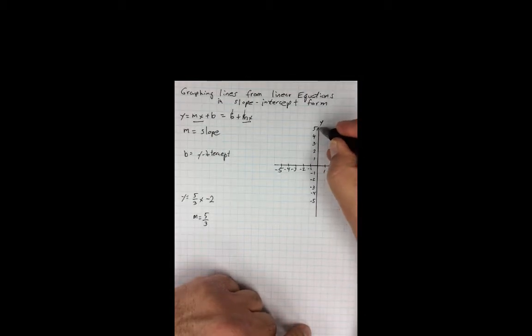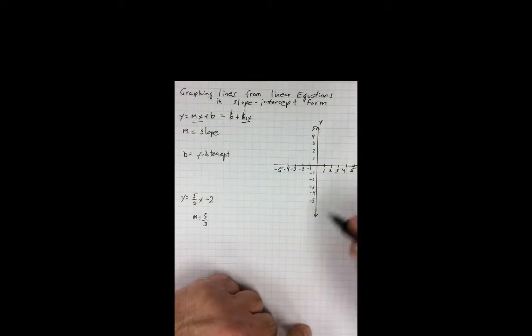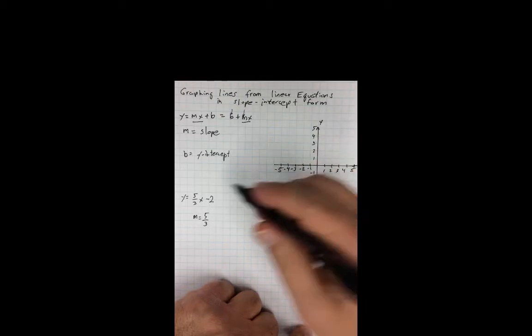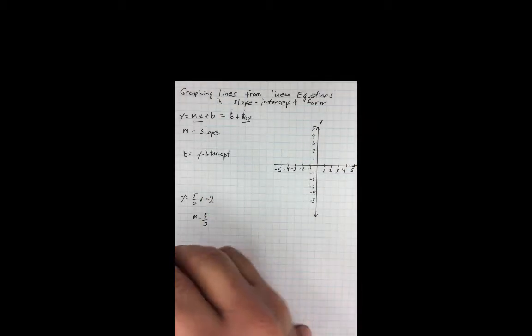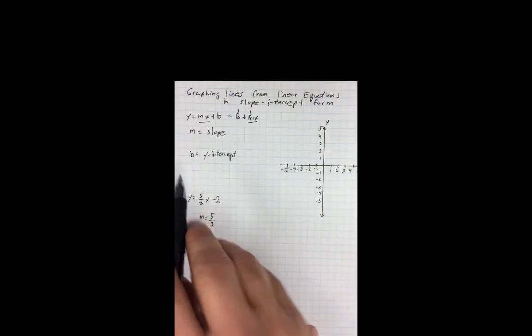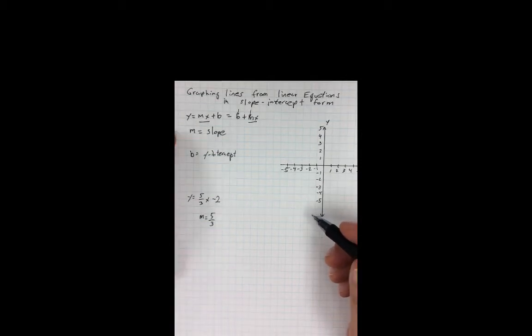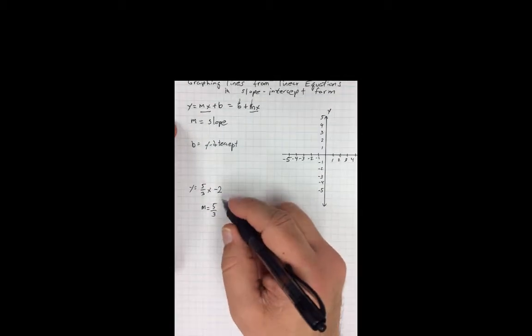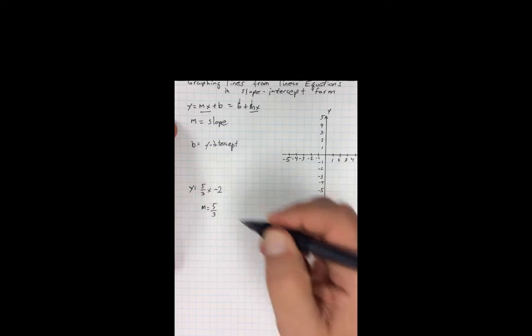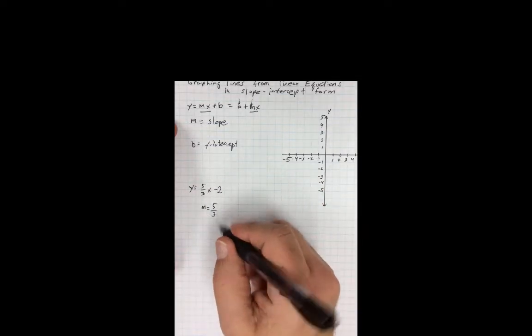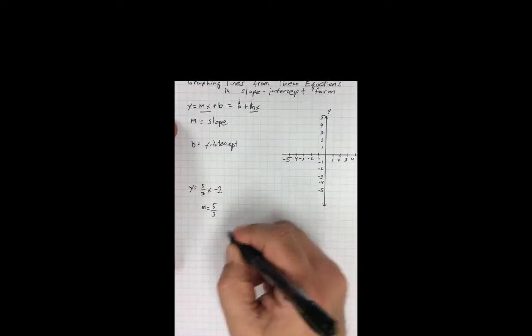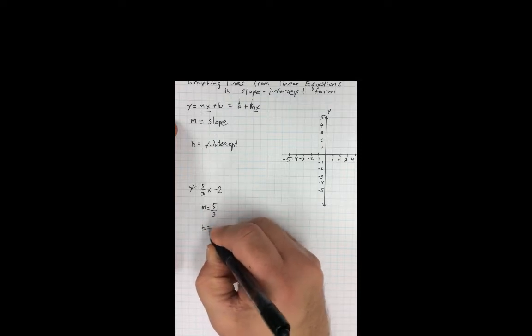We know the y is vertical, the x is horizontal, and the crossing on the y-axis is called the y-intercept, and we represent it with the small letter b. So in the equation y equals 5/3 x minus 2, all we have to do is identify that the slope is 5/3 and the y-intercept is negative 2.